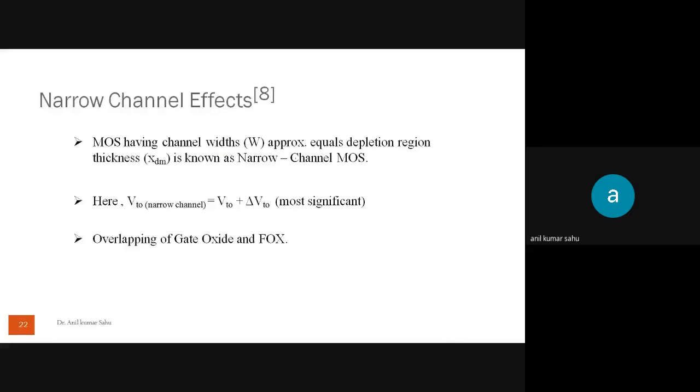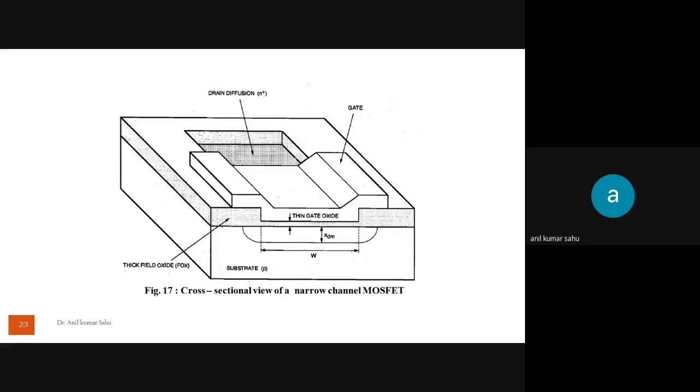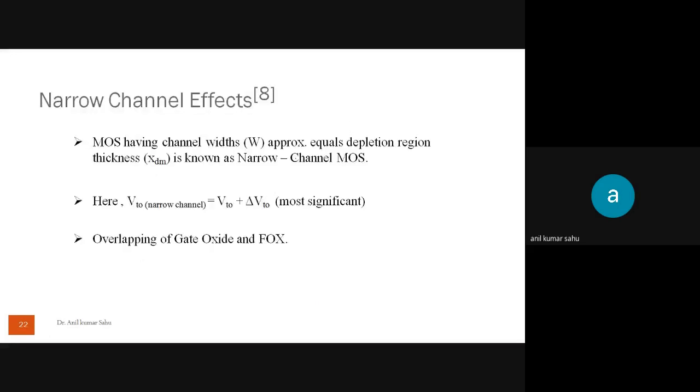Then, because of this scaling, there is also the narrow channel effect. A MOS device having the channel width W approximately equal to the depletion thickness XDM is known as a narrow channel.